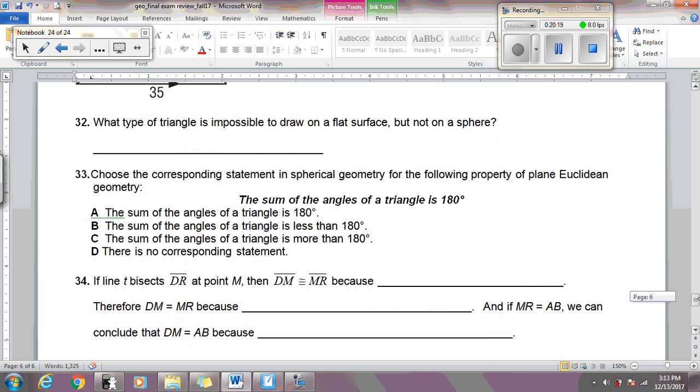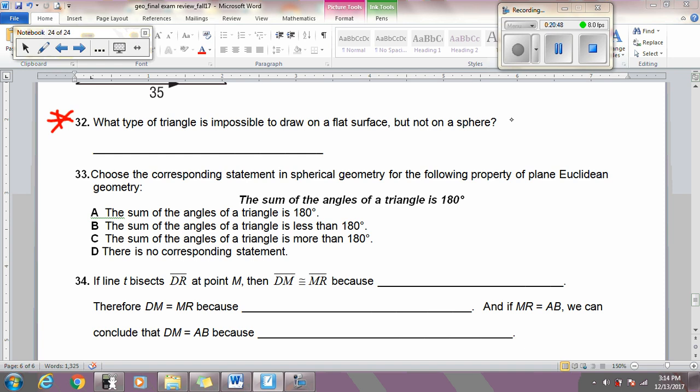The next two questions come from spherical geometry, which I know we sort of touched upon real briefly, but you've got to remember a couple of questions because there will be some on the final exam. I'm sorry, but there is. So for number 32, remember this question specifically. That's a big hint.